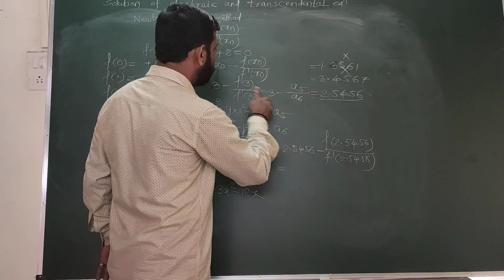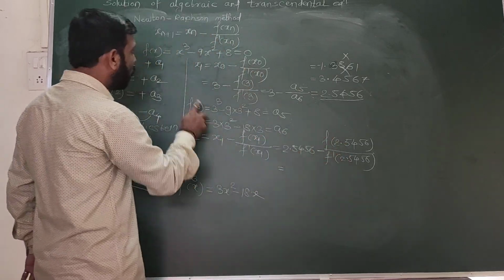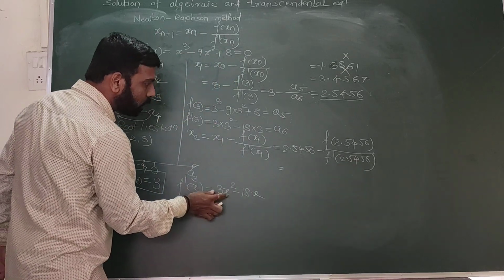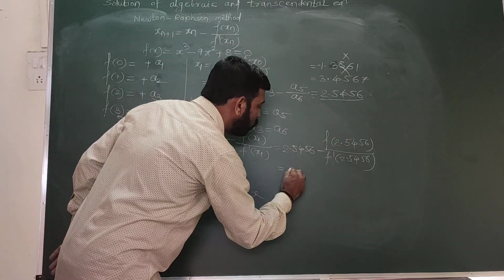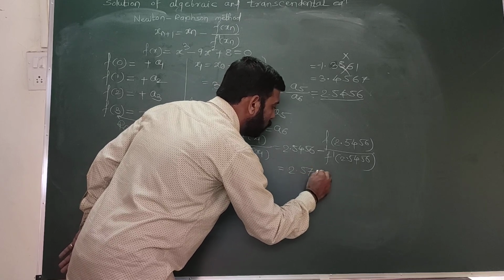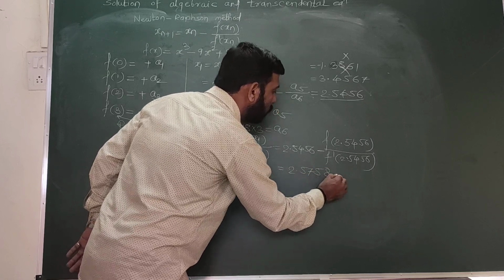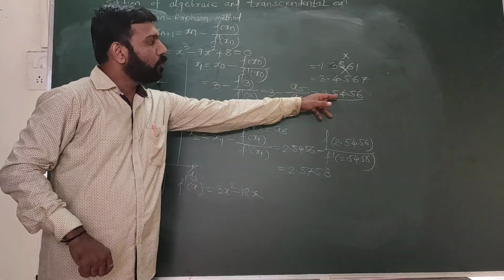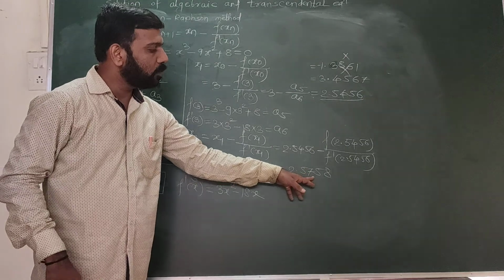After substituting in the polynomial and in f dash, suppose the answer is 2.5758. So the first approximation is 2.5456, then 2.5758.